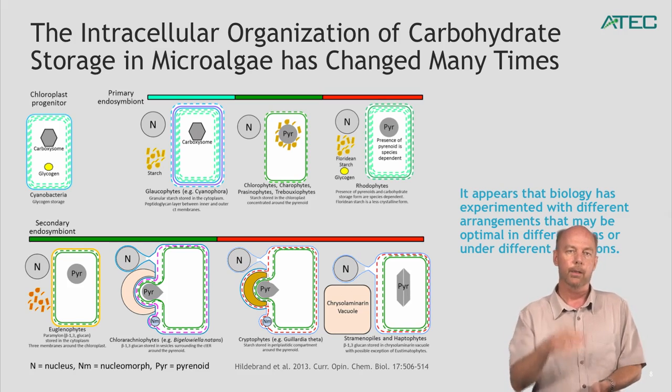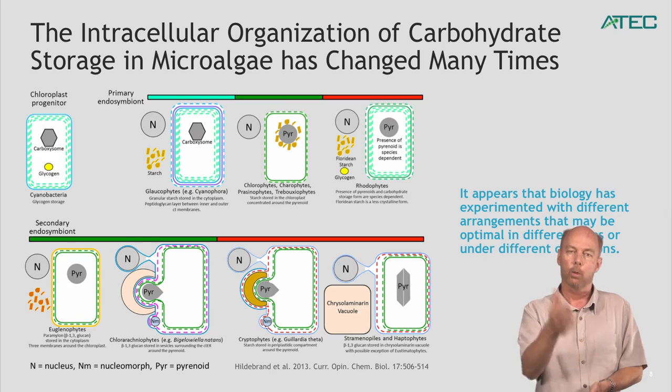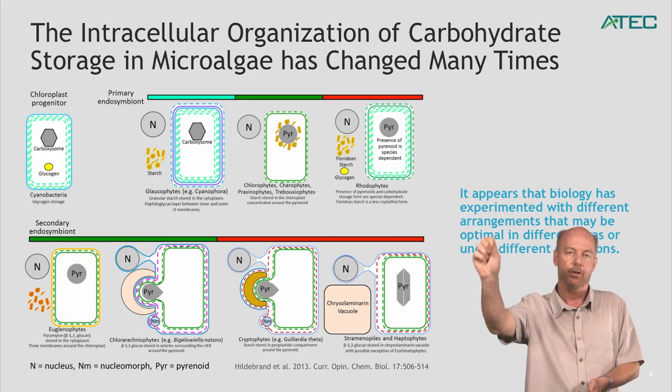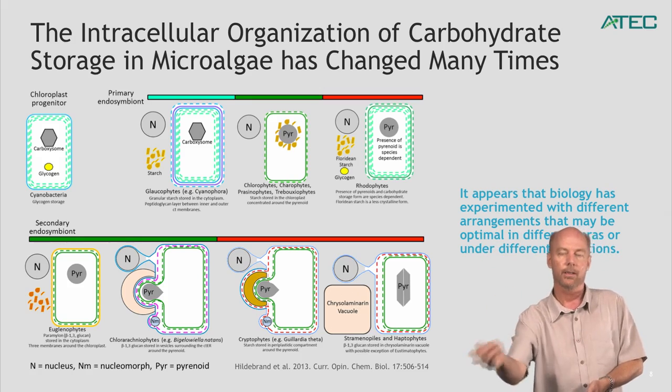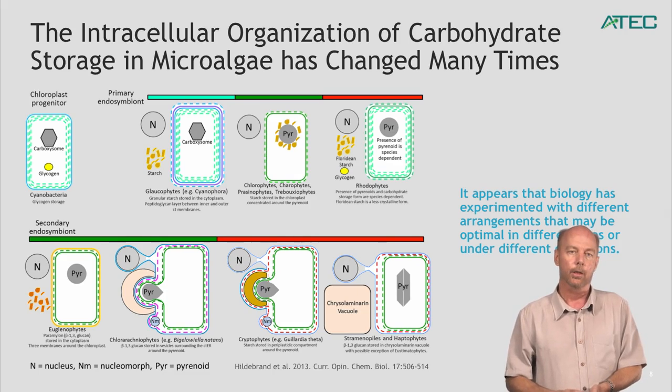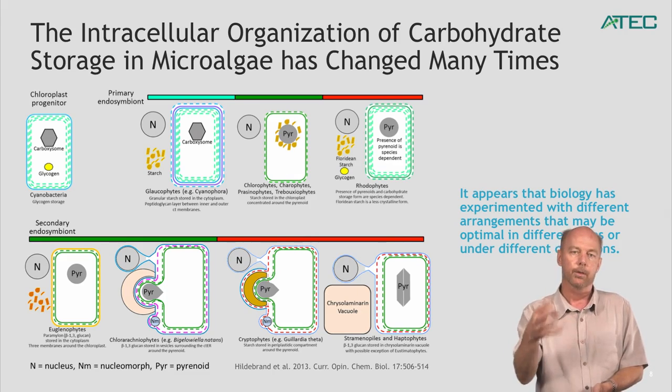When we look at the secondary endosymbionts in the lower panel, the euglenophytes, a green algal secondary endosymbiont, store a water-soluble beta-1,3-glucan in the chloroplast. So basically what they've done is start where the chlorophytes are, where they moved the starch synthesis into the chloroplast, then moved it back out. So obviously there's a good reason for that in terms of productivity. The chlorarachniophytes, another green algal symbiont, have a very unique structure.